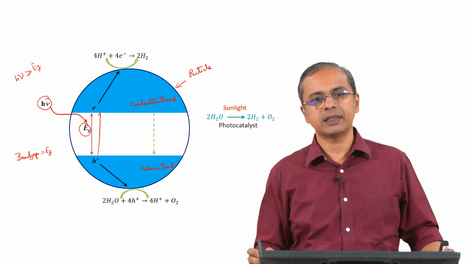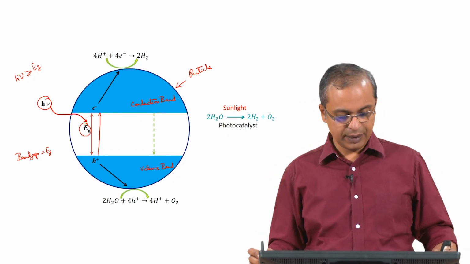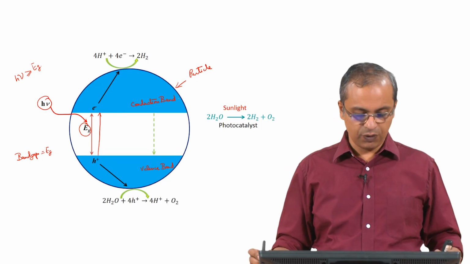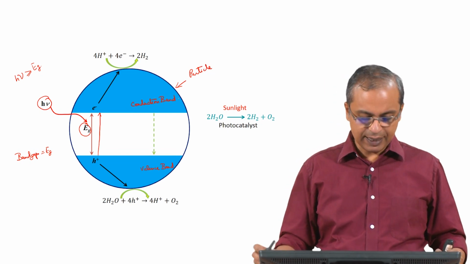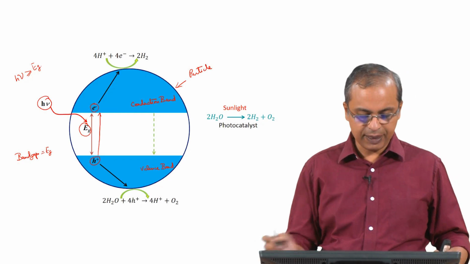Okay. So, you put in enough energy, h nu greater than or equal to the band gap, then you get this transfer of an electron from the valence band to the conduction band, which leaves behind a hole here, and so you now have an electron sitting in the conduction band, you have a hole sitting in the valence band.